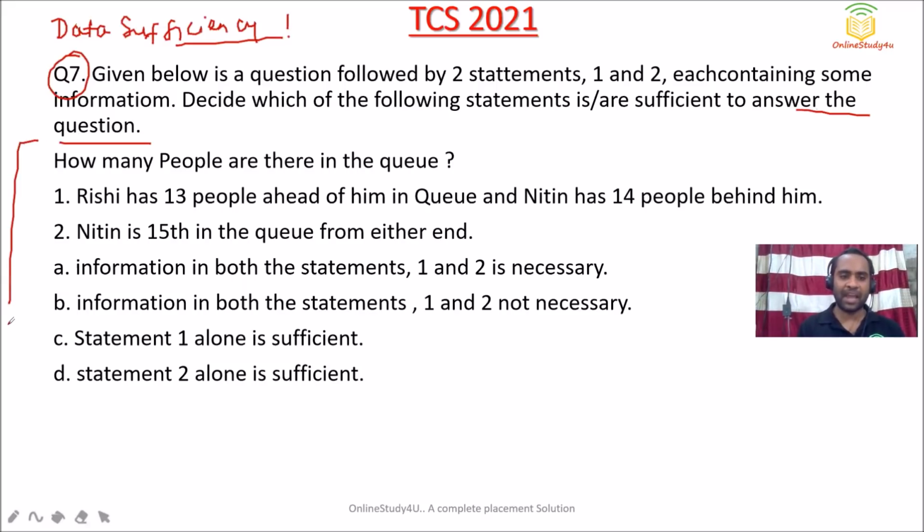So how many people are there in the queue? You have to tell how many people are there in the queue, not exactly the number. I mean, which statement will help you to tell. So statement 1 or statement 2, which will be able to tell you the answer.